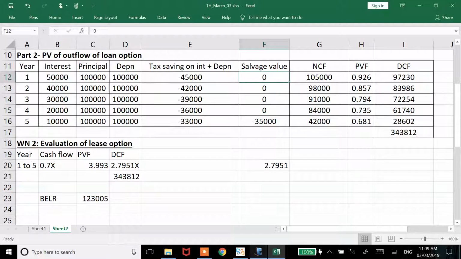When the salvage value was 50,000, we wrote only 35 because 30% went in taxation. So we have assumed salvage value to be X. Net salvage value is 0.7x. Salvage value is X because in this case there is no book value. If there was a book value, then I would have done sale value X, book value so much, capital gain so much, tax so much, and NSV, and then come back. But good part is there is no book value left over.